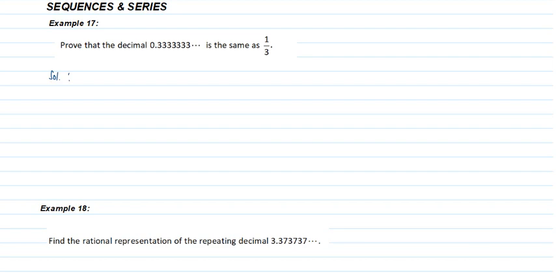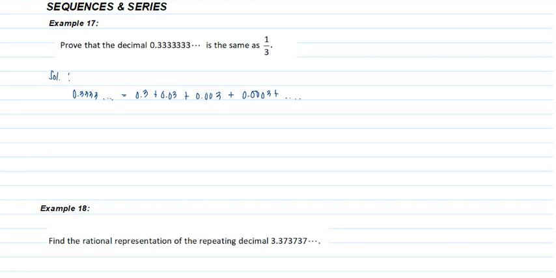So, our 0.3333 can be expressed as 0.3 plus 0.03 plus 0.003 plus 0.0003 plus the following values. So that could be expressed as that.